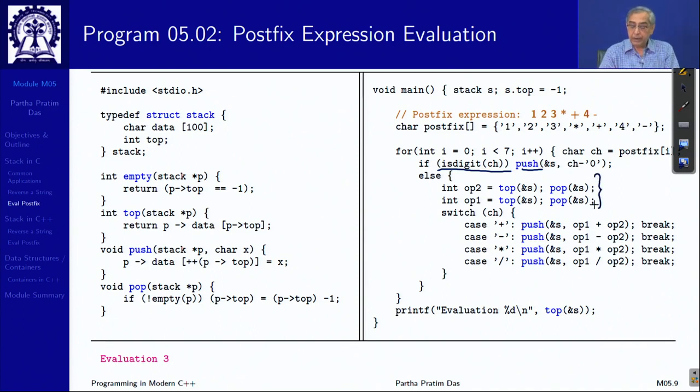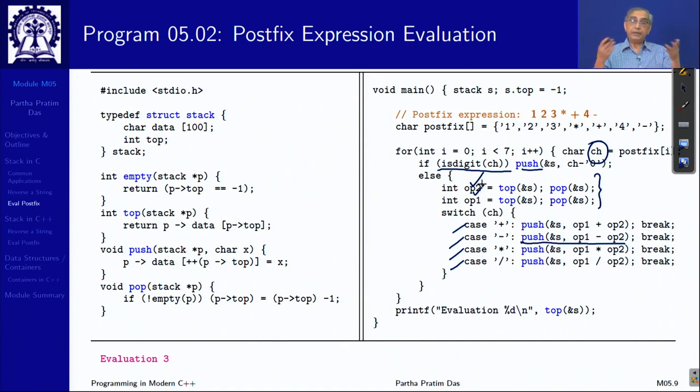So, I take out the top 2 elements one after the other, and I already know what the operator is, which is in CH. So, I do a case of possible operators, and whichever it matches, I take the 2 operands op1 and op2 that I have got, operate them according to the operator, and the result I put back to the stack.